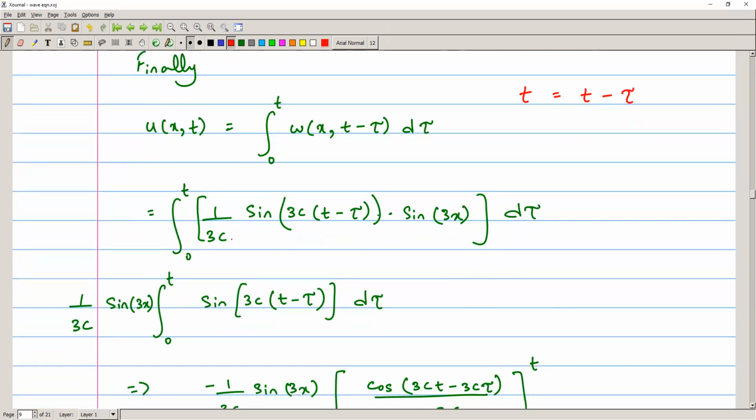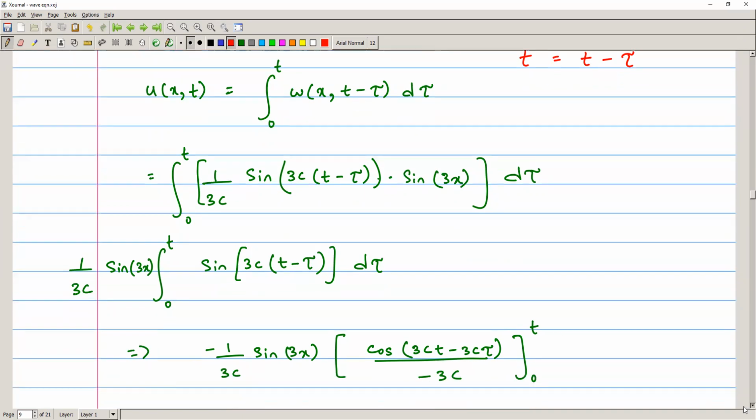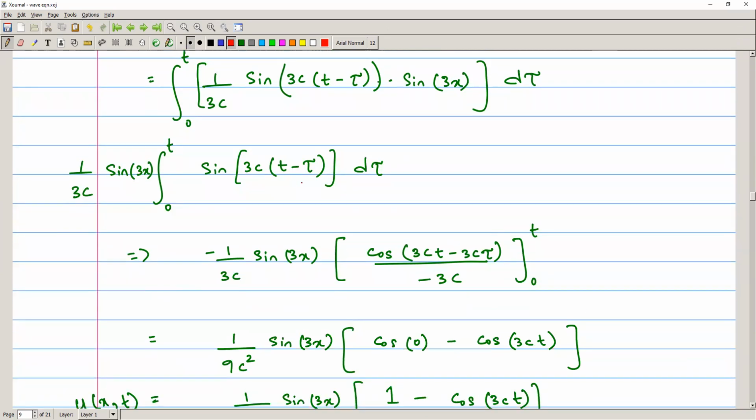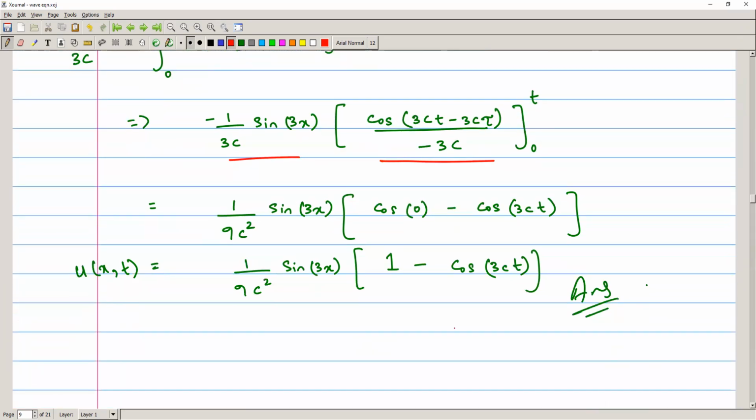So it will be 1 over 3c times sine 3c times (t minus tau) times sine 3x. Sine 3x will be taken out of the integral. And we will solve this: sine 3c times (t minus tau) d tau. So here is the integral for this, constant outside and integral here. Apply the limits to get the final solution. So here is the final answer for this problem.